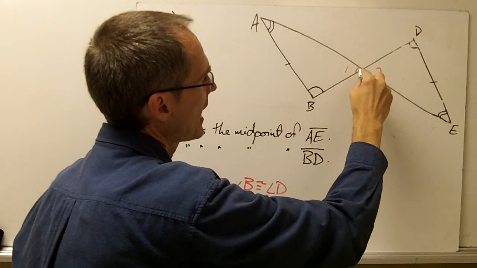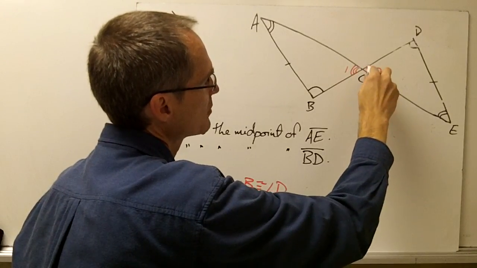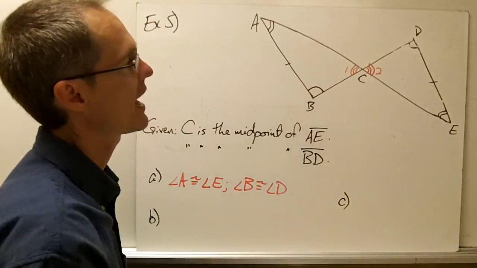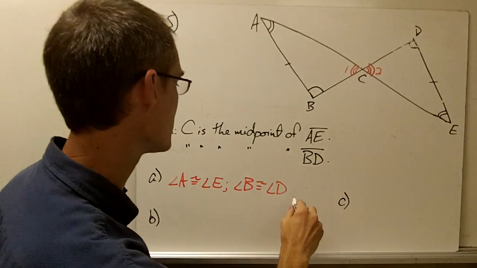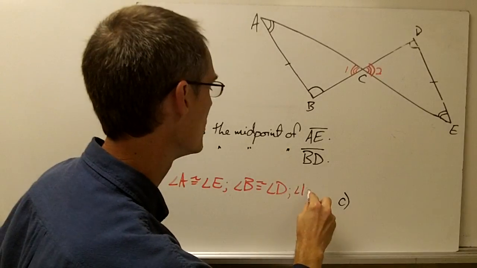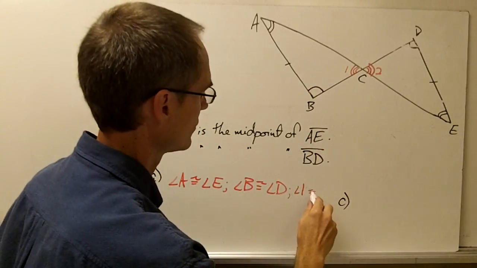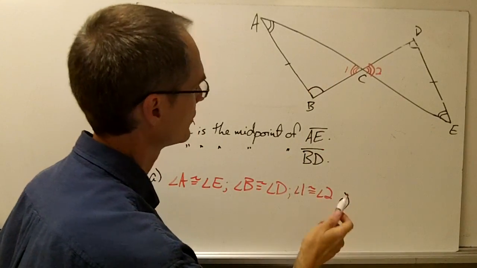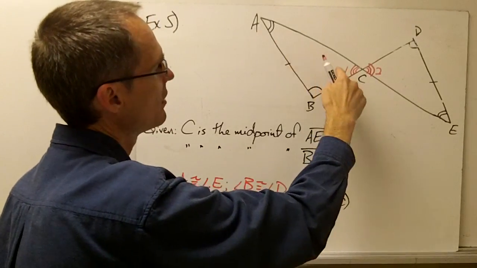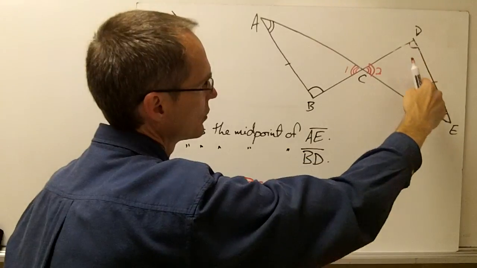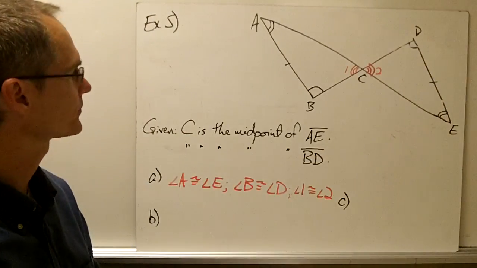So I'm just going to add in a set of 3 hash marks here. So now I do have all 3 angles of this triangle congruent to all 3 angles of this triangle.